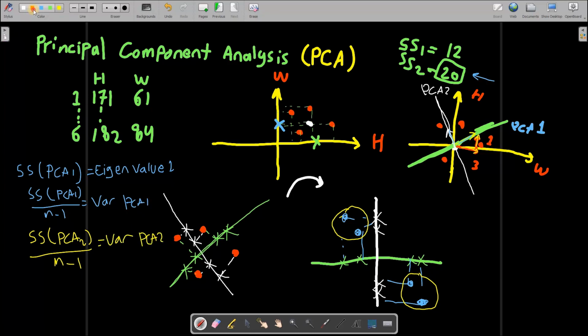Now, just for the sake of example, I'm going to say that PCA1 equals 12 and PCA2 equals maybe 4. You'll see that the variation for PCA1 is higher. It means that PCA1 is more important than PCA2 because it has more variation.